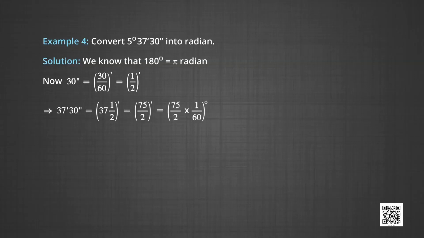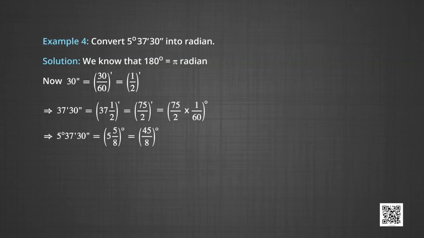So, 37 minutes 30 seconds is equal to 37 and a half minutes, which is 75 by 2 minutes. To convert minutes into degrees, we will multiply by 1 by 60. So, 37 minutes 30 seconds is equal to 75 by 2 into 1 by 60 degrees.